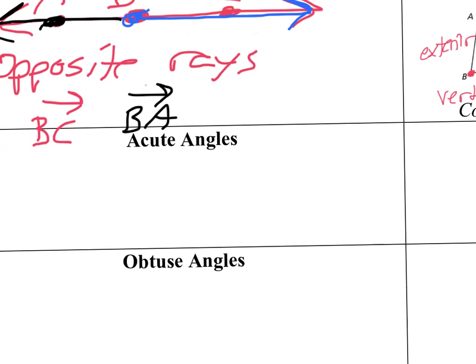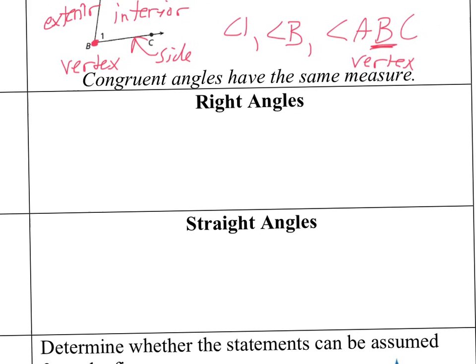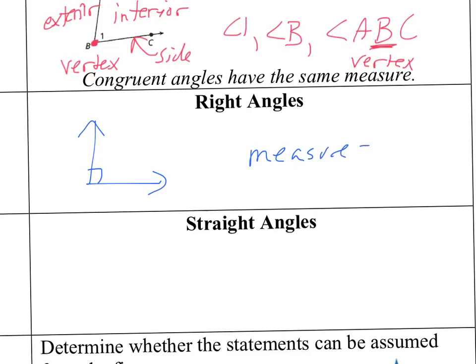Okay, let's talk about acute angles. Acute angles, that's an example of one. And the measure is less than 90 degrees. Okay, a right angle is going to look like this, and it's going to have a measure of 90 degrees.